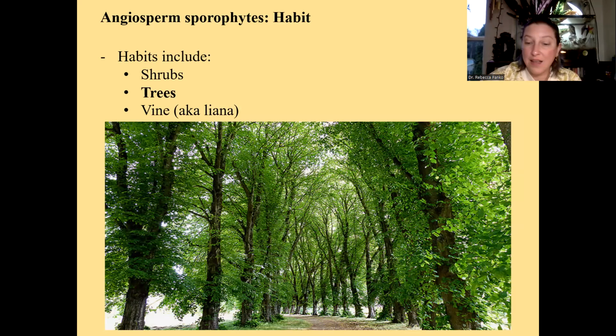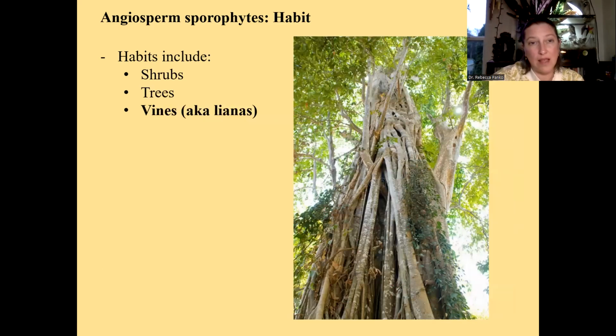And then the last type of habit that you may encounter are vines, aka lianas. Lianas are the proper name, but basically vines are these things that hang down or grow along the ground. I always say, and I might be dating myself, like Tarzan swinging from a vine.